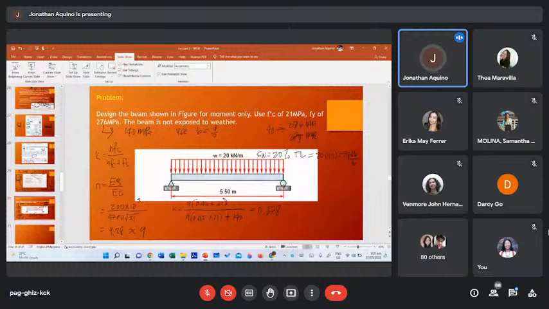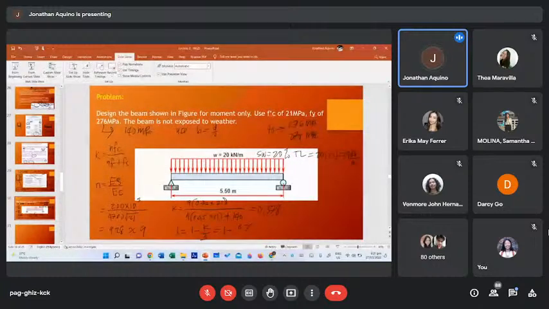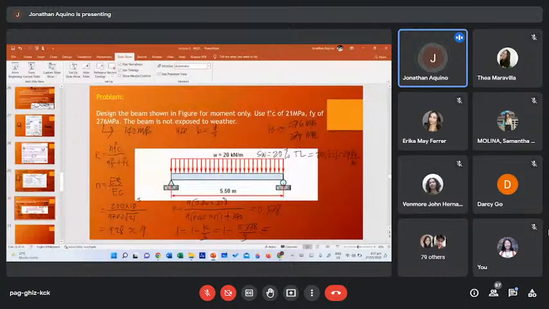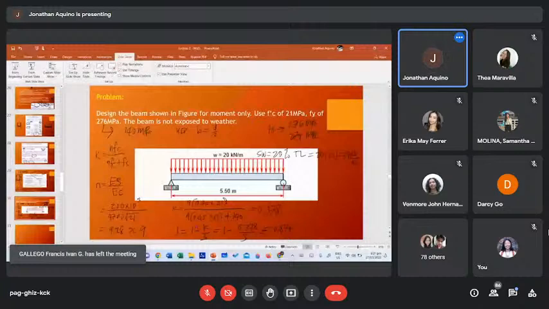Okay. So now we put the value of k. So we can now solve for j. So j is equal to 1 minus k over 3, which is equal to 1 minus 0.378 divided by 3. So j is 0.874. Okay. So knowing the value of k and j, we can solve for the dimension.